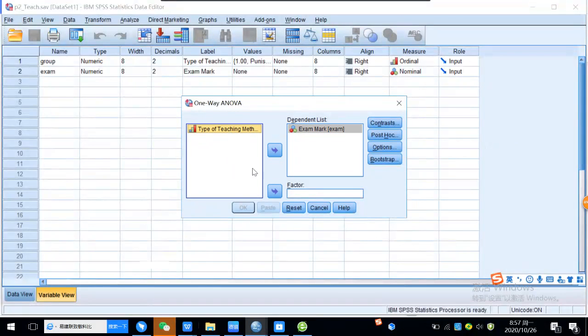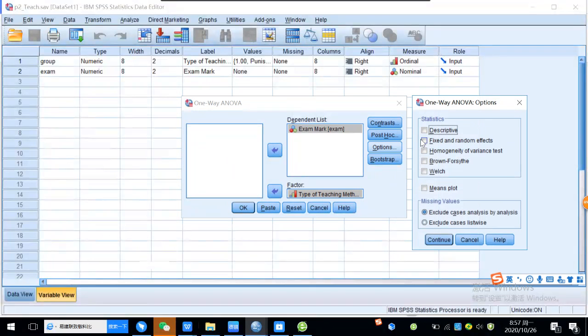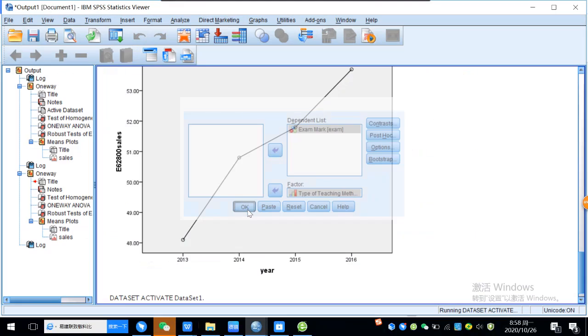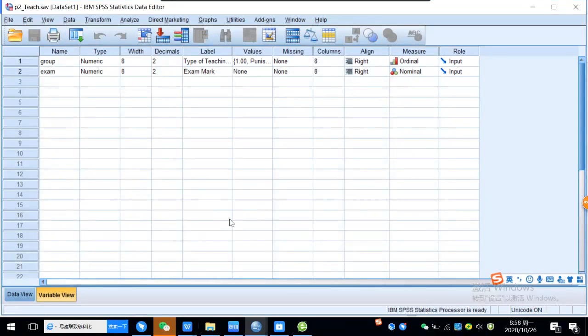Factor is the type of teaching method. Okay, and before we use the contrasts, firstly, you still need to run the homogeneity of variance test, the Brown-Forsythe, the Welch, the means plot. Yeah, that's the first step, okay?